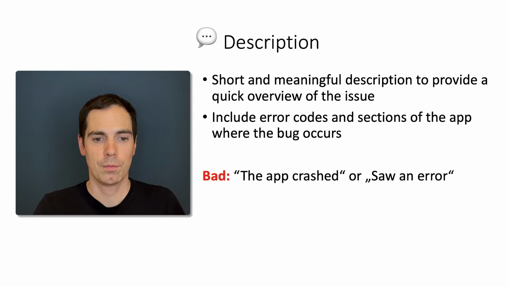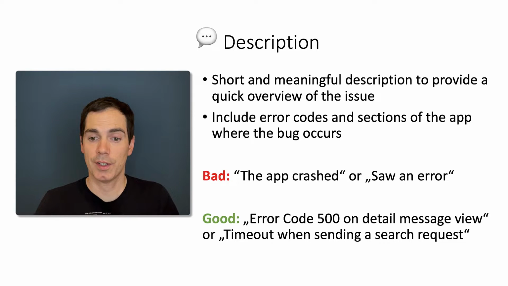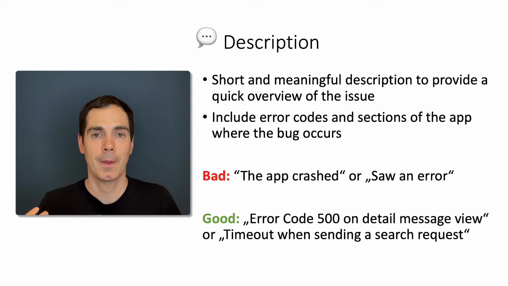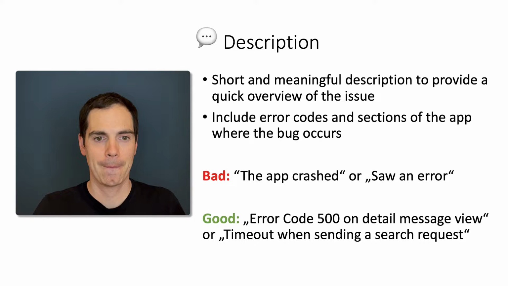A bad description could be: the app crashed, saw an error. A good one could be: error code 500 on the detailed message view, for example, or timeout when sending a search request. With that, you already give some descriptive information to the product manager or to the developers in order to get a brief idea of what this bug report is all about.